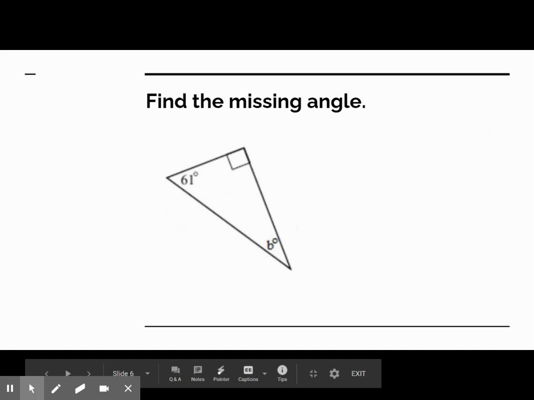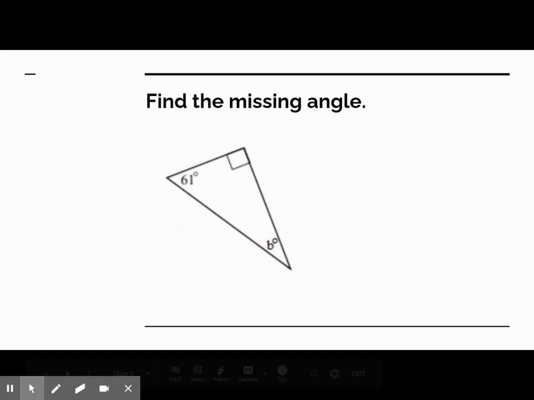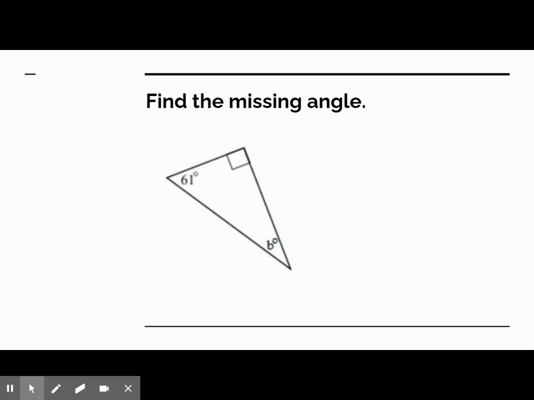Find that missing angle. That is correct. 29 degrees. B is 29.